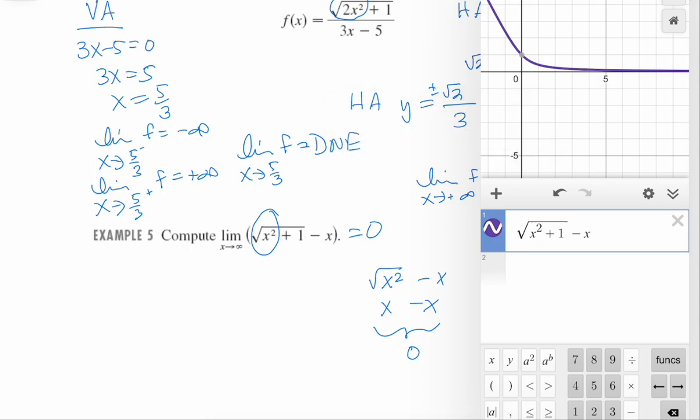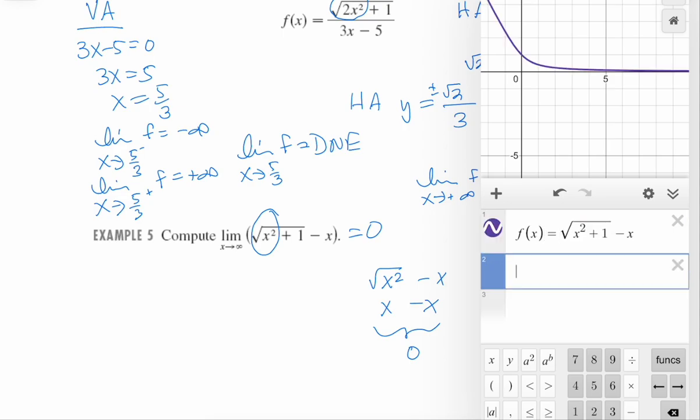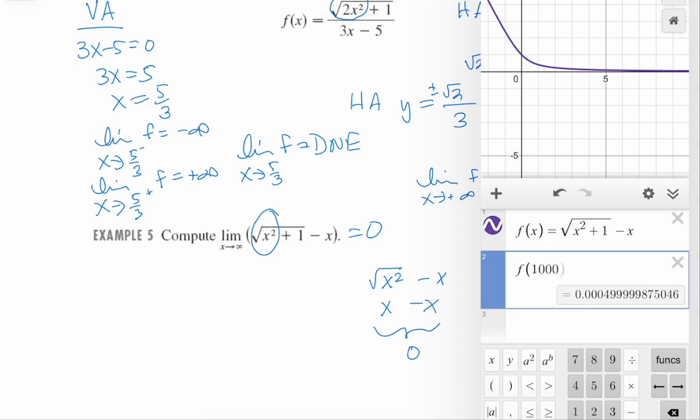Your Desmos thinking is just such a neat thing because what he was saying is if you put in, let's say, f of 1,000, look how close to zero it is. Put in a million. As soon as you get to 100 million, it says it's so close to zero, I can't even tell you how close.